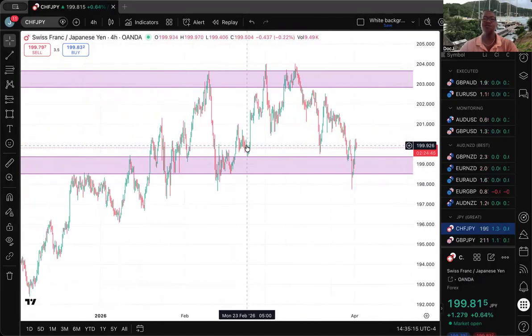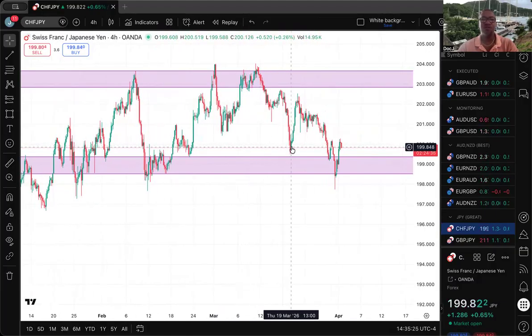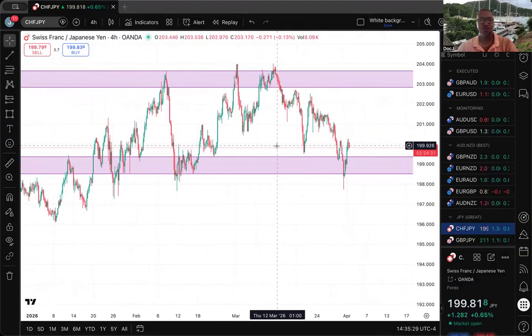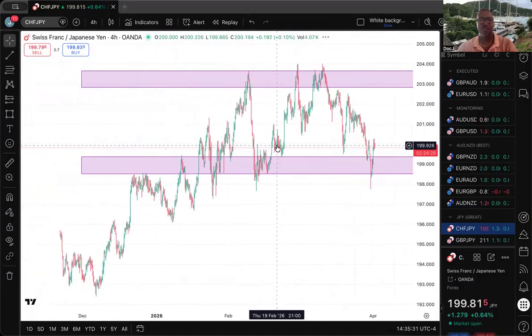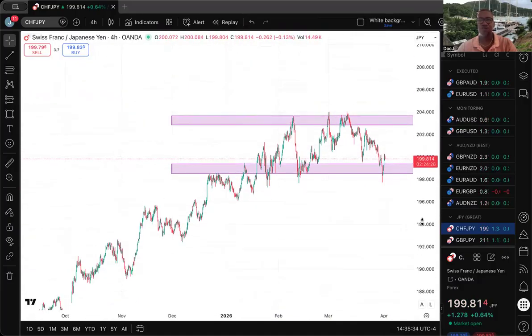Right? So that's how you determine the direction in which price is moving. If price is going upwards, it's going to form higher highs and higher lows. If price is going downwards, it's going to form lower highs and lower lows. So those are the two most basic directions in which price moves.